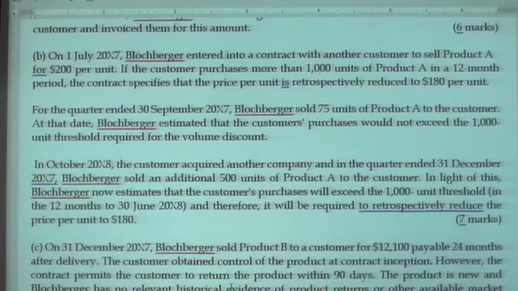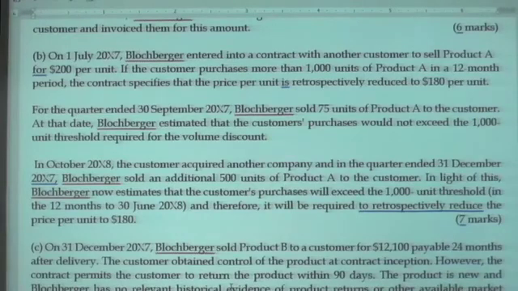Next example. On 1st July 17, please try to take this information into a timeline, then you can easily understand. On 1st July 17, the company entered into a contract with a customer to sell product A for $200 per unit.